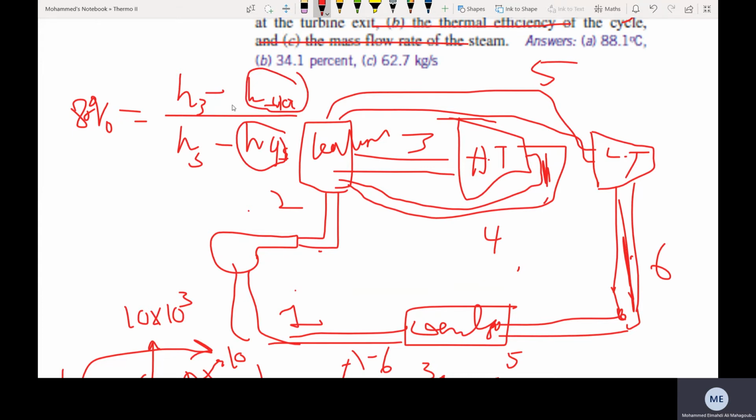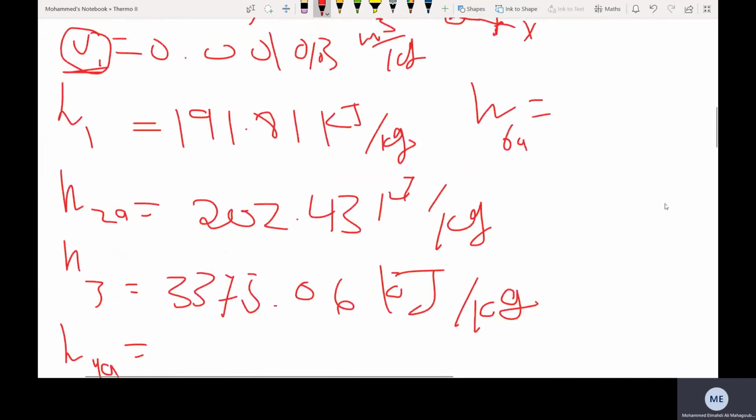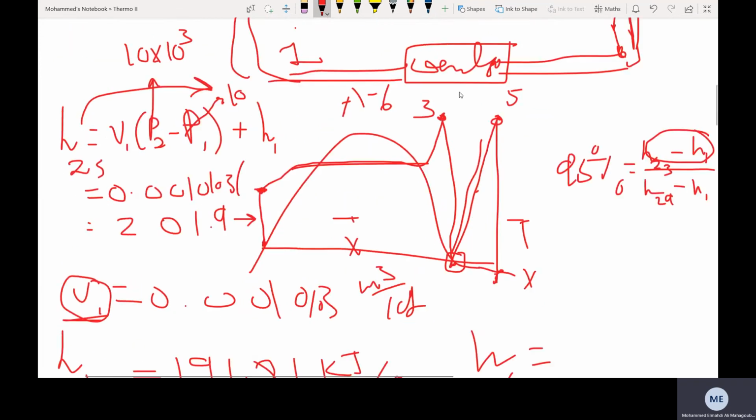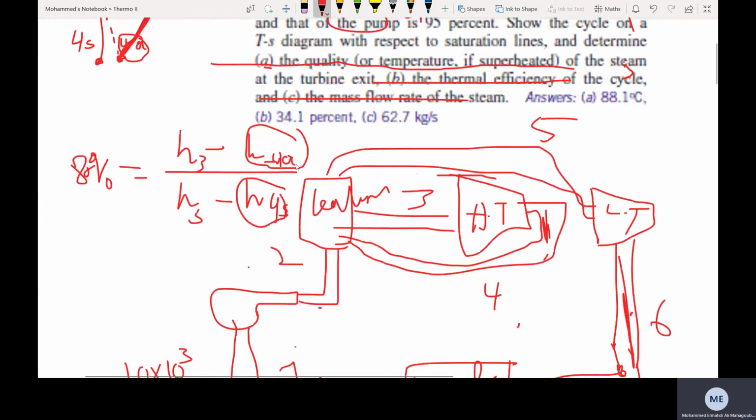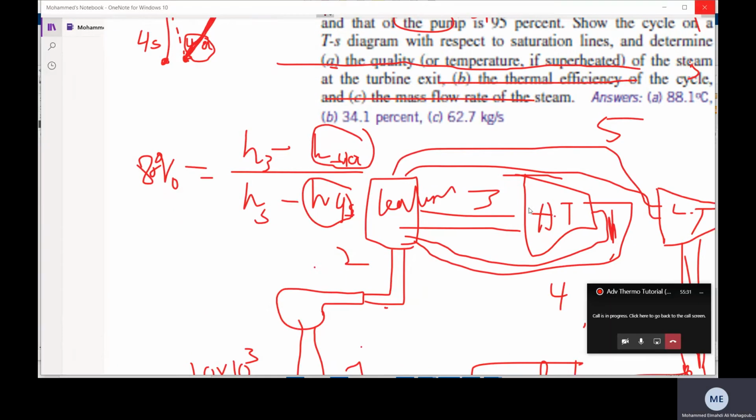80% equals, I know my H3, which is 3375.06, minus the X that I want to find, which is the actual. And then down there I put the isentropic. What is the isentropic?